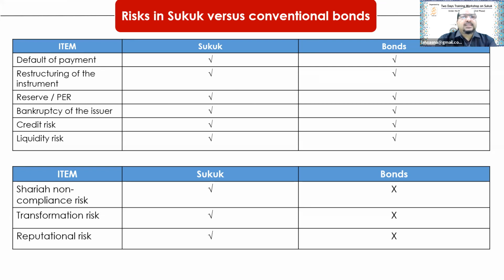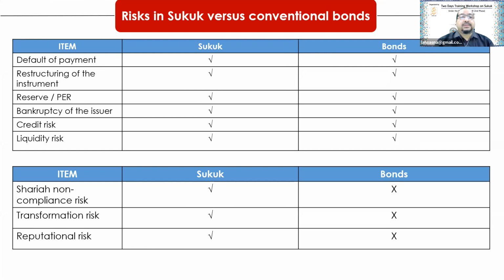We start with item 1, which is the default of payment. This kind of risk is applicable for both and could be regarded as a credit risk, which I will mention later on, because when payments are due and there are no payments on time, you may have a kind of credit risk because of the obligation to pay. So it is applicable to bond and sukuk.